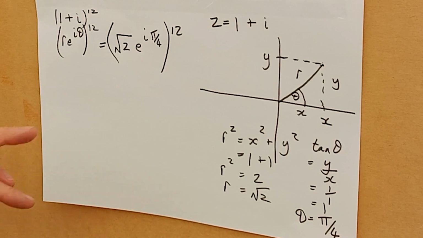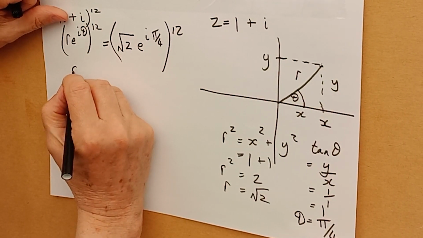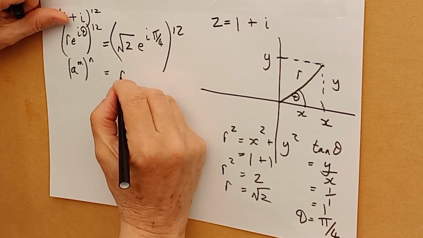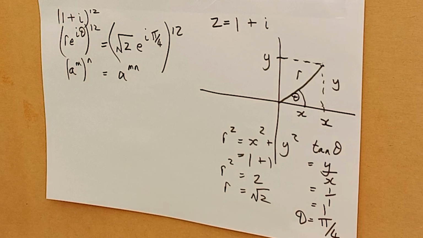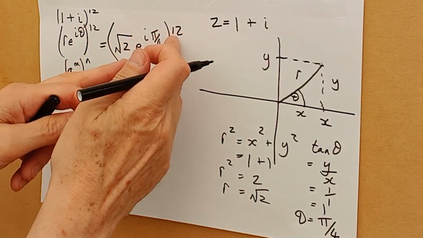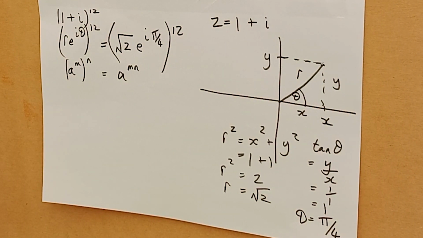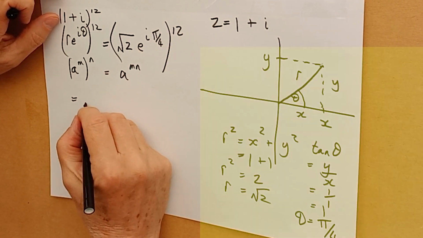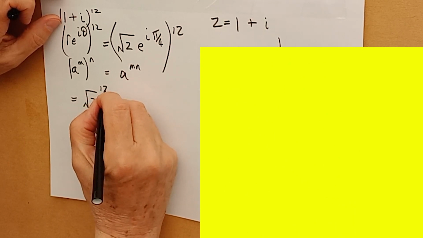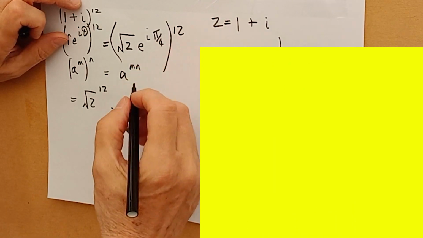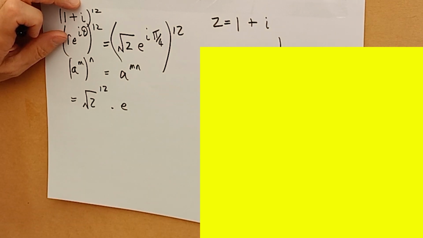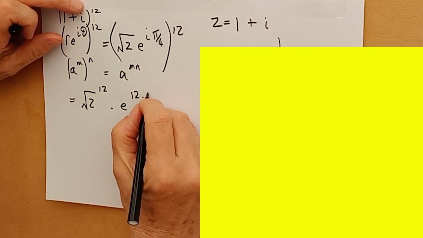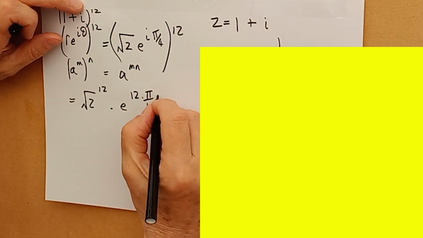Okay, now if we remember that a to the m to the n equals a to the mn, that's quite helpful, because then we can rearrange these and we get root 2 to the power of 12 multiplied by e to the 12 times pi over 4 times i.